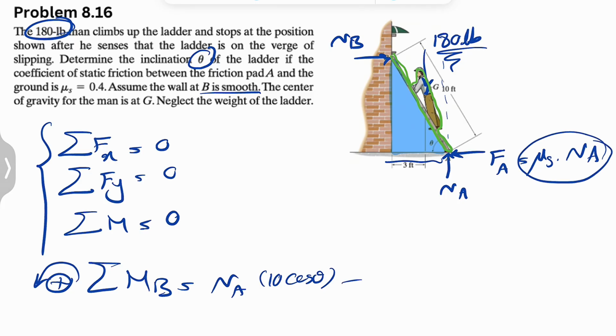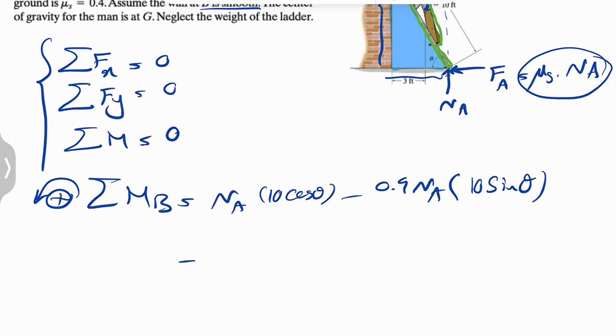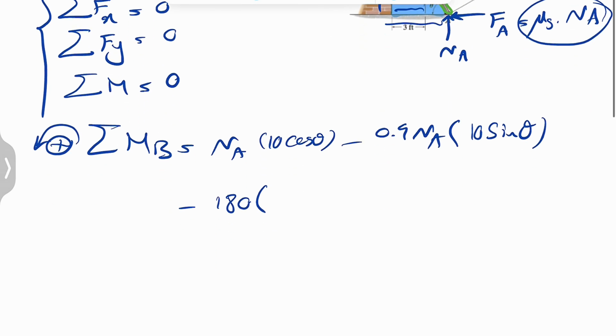We can just plug in these values in here: 0.4 times NA times, this time we have the other side, so 10 sine of theta. And the last thing would be the moment of the weight, which is also clockwise, so negative 180 times the distance, which is 3 feet, and this will be equal to 0.